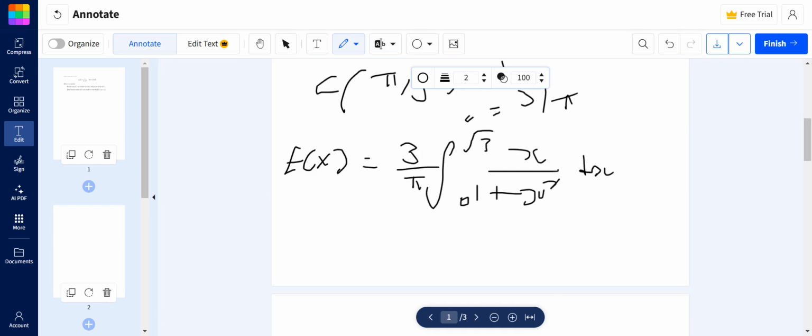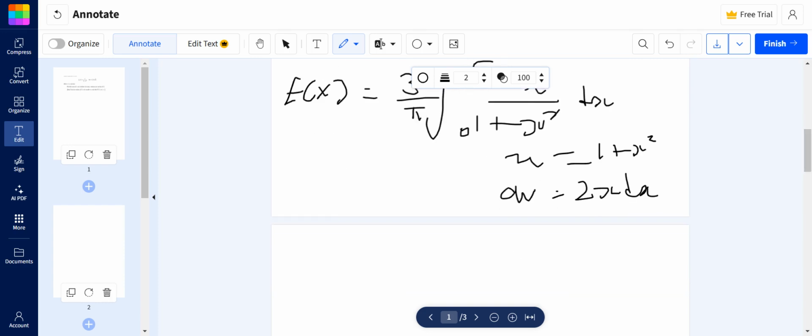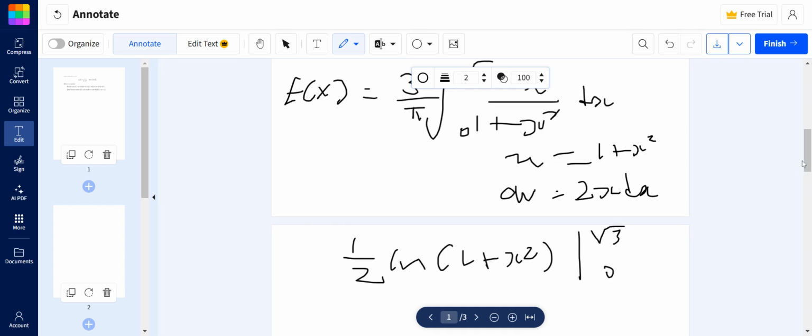Okay? Again, in this case, we can say that u equals 1 plus x squared, which means that du is equal to 2x dx. And by substitution, this is going to mean that we have half of the natural log of 1 plus x squared, between root 3 and 0. Well, what is that?